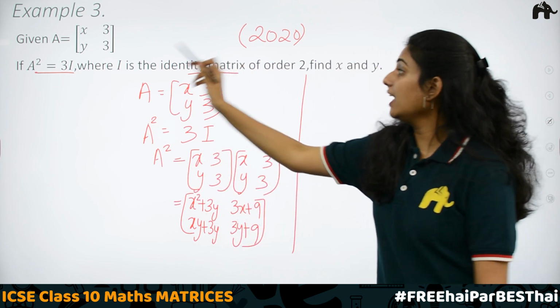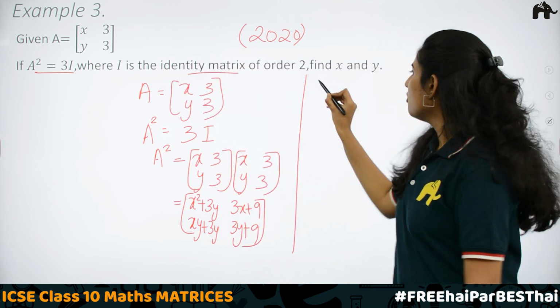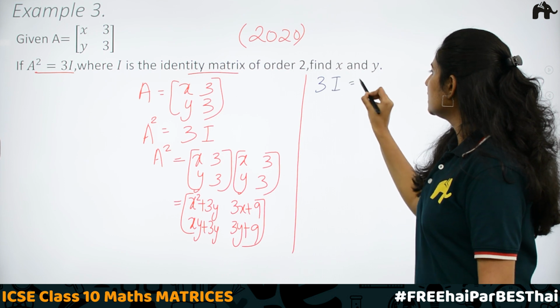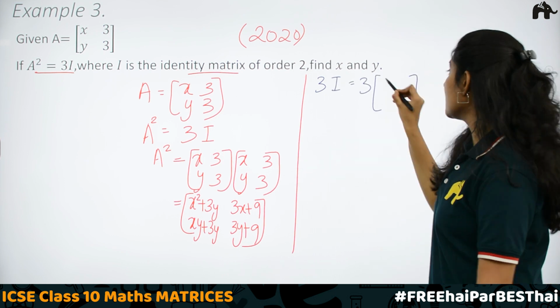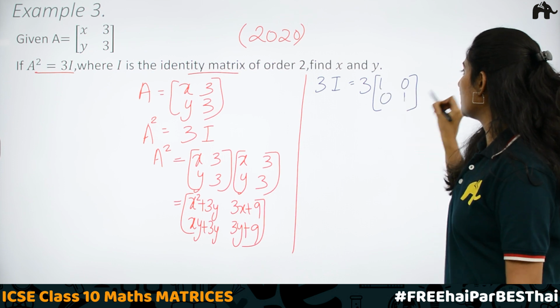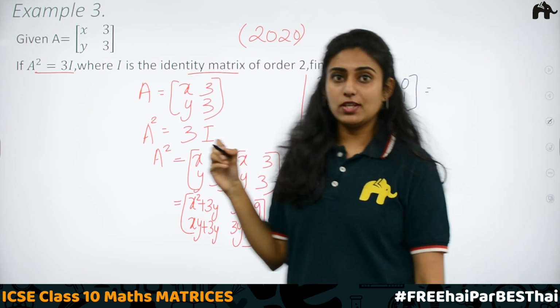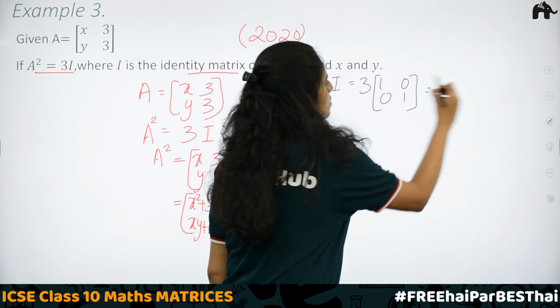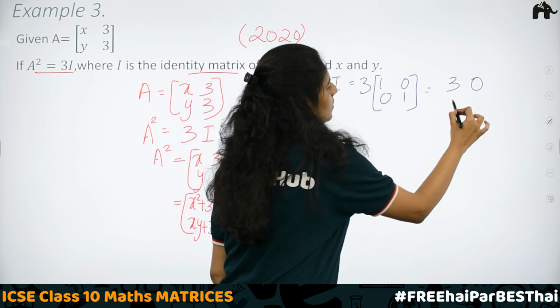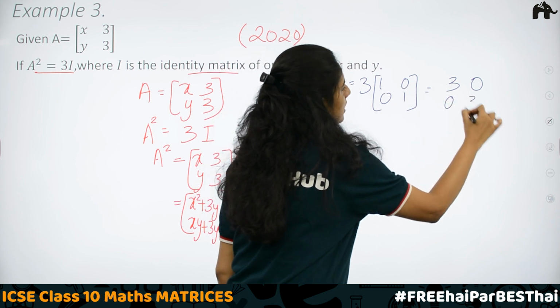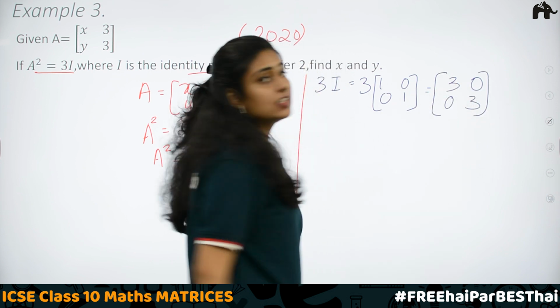It is given that A square is equal to 3I. What is 3I? 3 into identity matrix. What are the elements of identity matrix? 1, 0, 0, 1. Then 3I will be equal to 3 into 1, 3; 3 into 0, 0; again 3 into 0, 0; 3 into 1, 3. These are the elements of 3I.